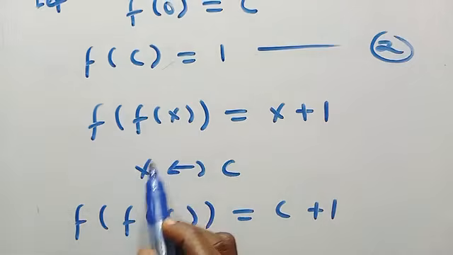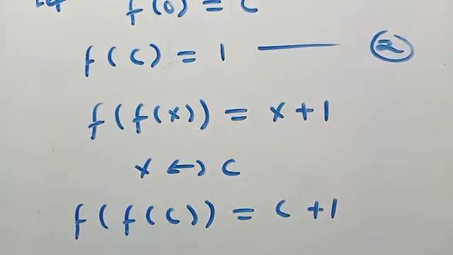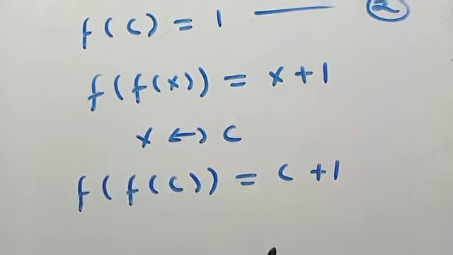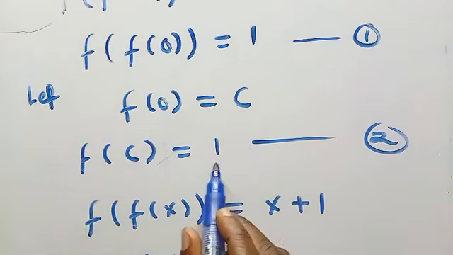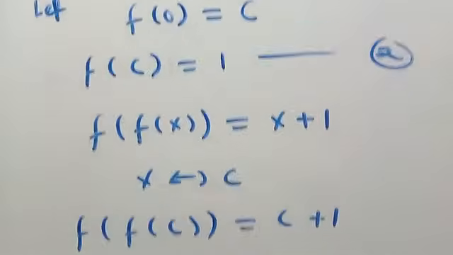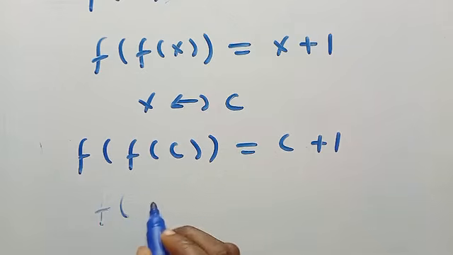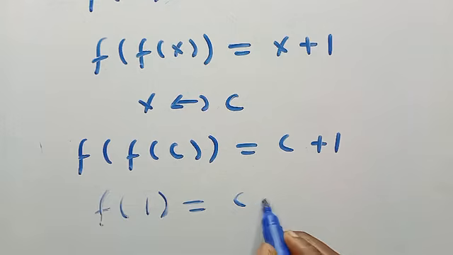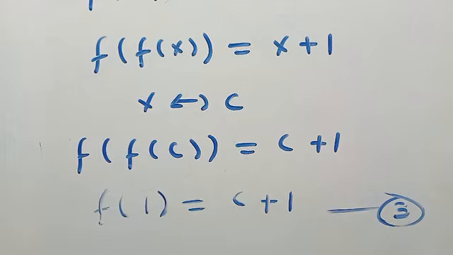Since we have changed x to c, it also affects the right hand side, which is the output. But we already got f of c as 1, therefore we replace f of c with 1 at this step. So here we have f of 1 equals c plus 1. We are going to call this one equation 3.